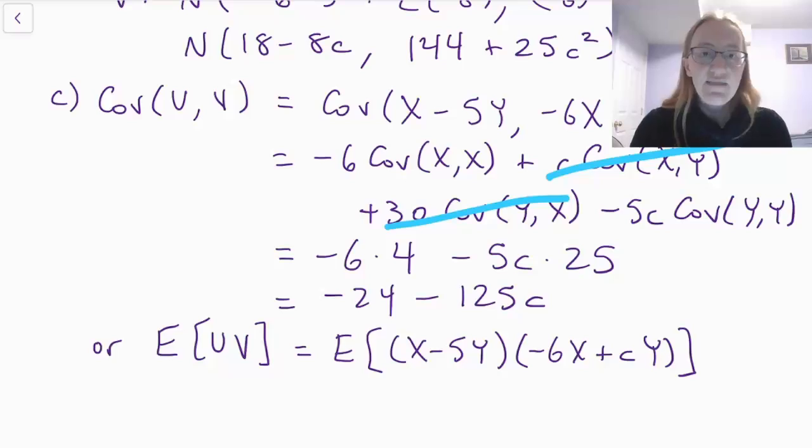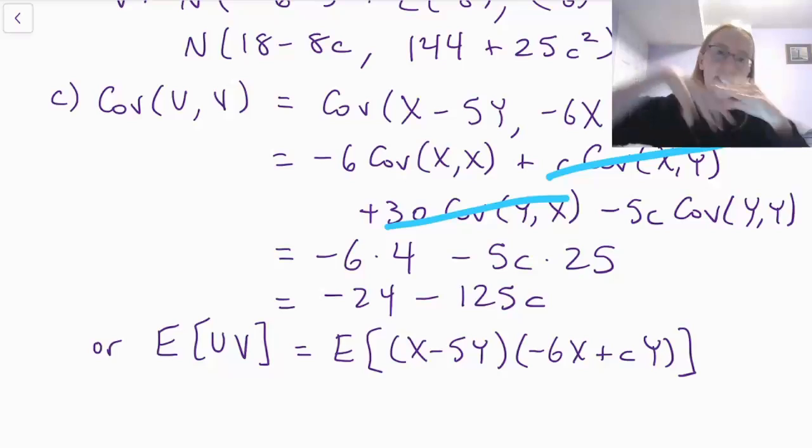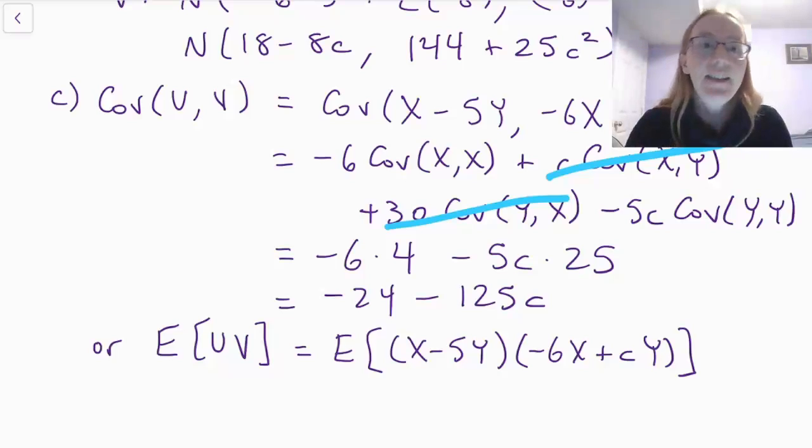Then cross multiply those two binomial expressions, pull out the constants, separate it out, and use the fact that since x and y are independent, E of xy is equal to E of x times E of y. So you could do that, but you don't need to. It ends up being a bit harder.